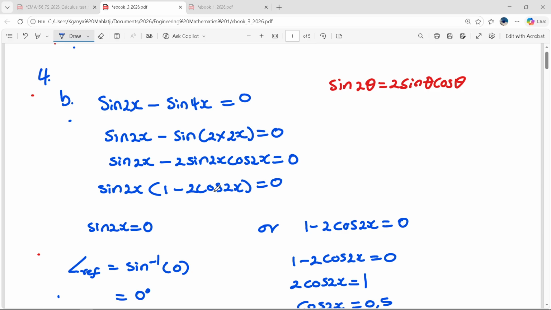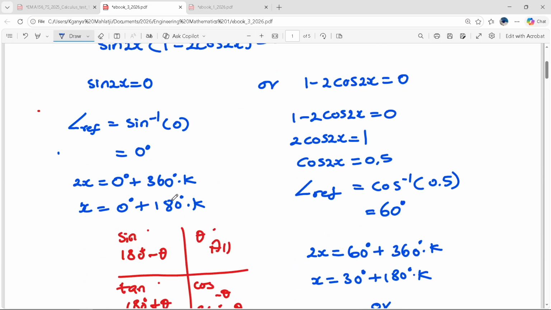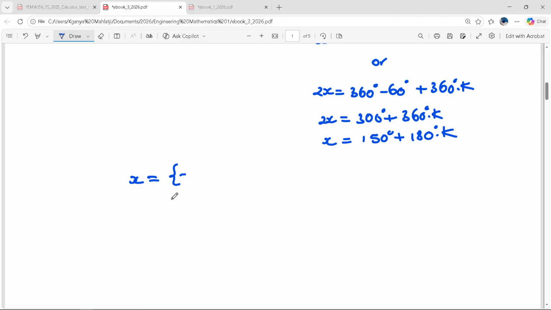We say sine 2 multiplied by minus 30, minus sine 4 multiplied by minus 30. We get 0. Therefore it's usually recommended to double check your solutions with the original equation.